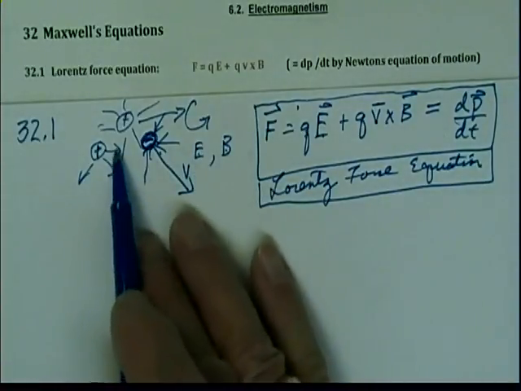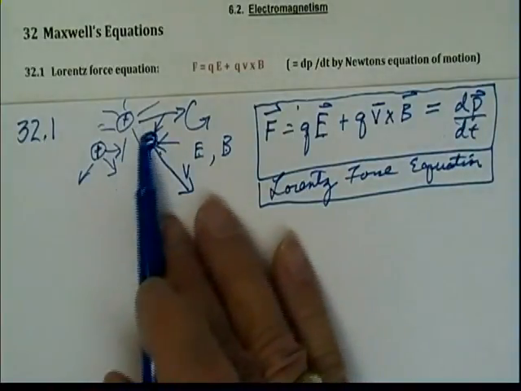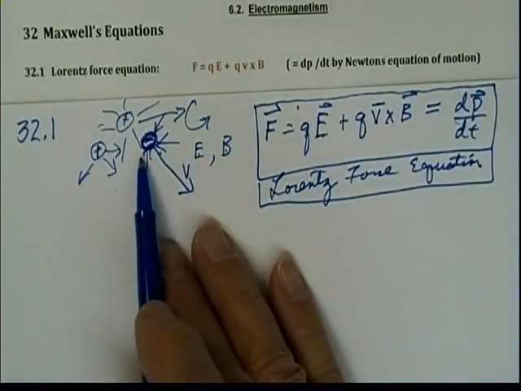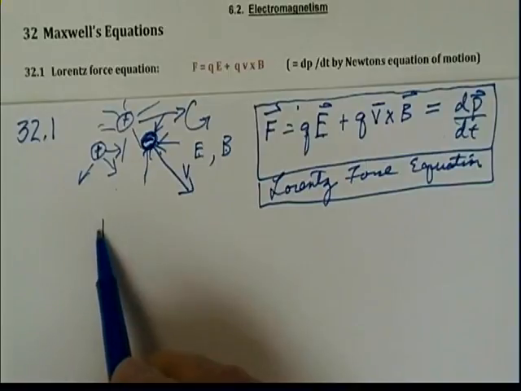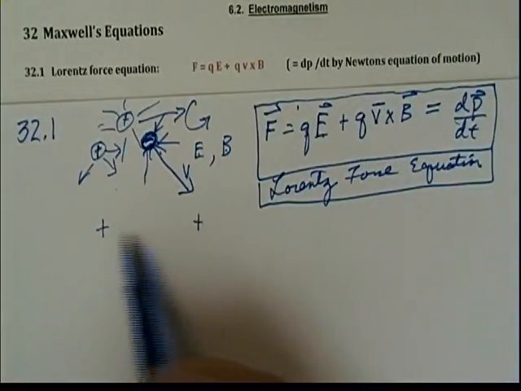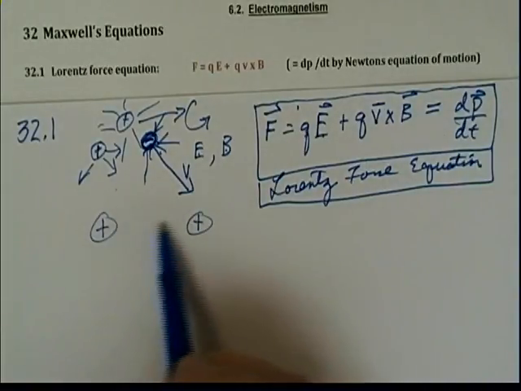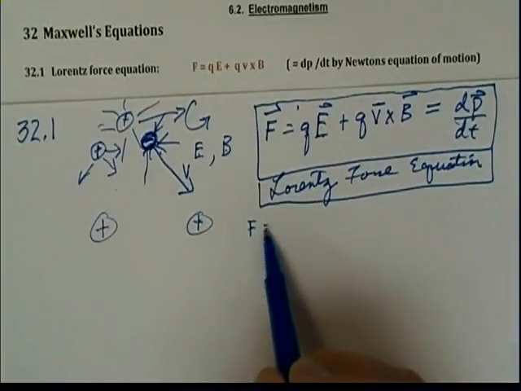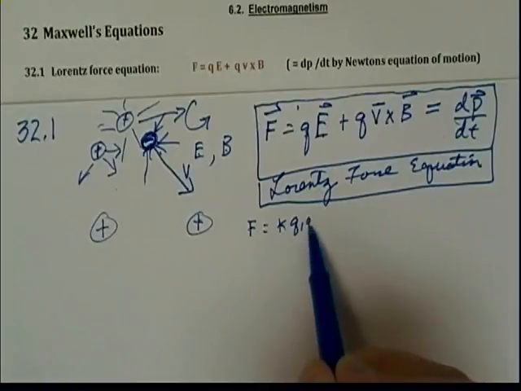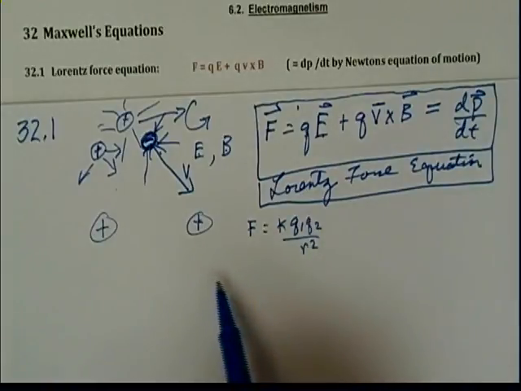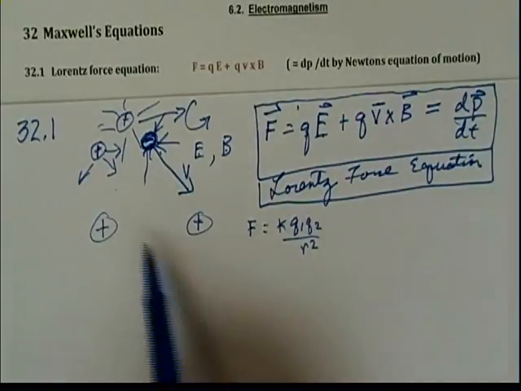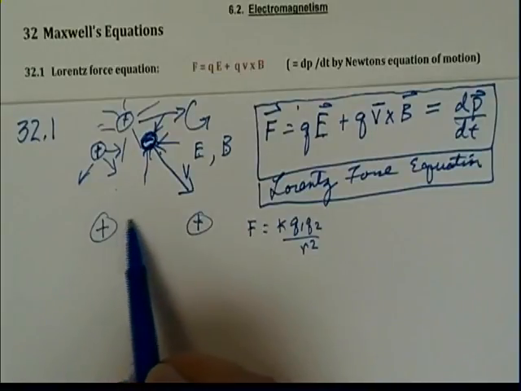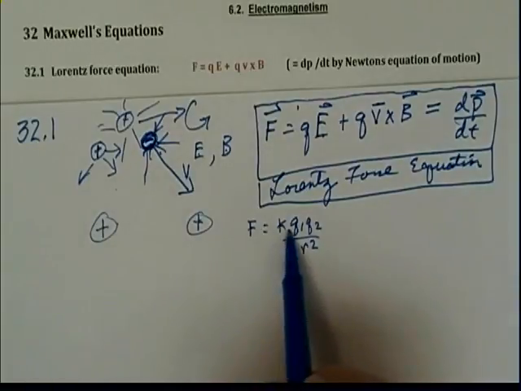Basically, what we have done is we have broken up this action at a distance into 2 parts. Let me redraw this: here are 2 particles, and there's a force between them according to Coulomb's law, which is F equals K Q1 Q2 over R squared, as we've already discussed. But people were concerned about this concept.